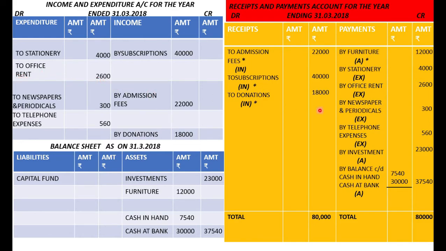2,600. Buy newspaper and periodicals 300. It is an expense. So they are recorded on the expenditure side of income and expenditure account, that is the debit side, to newspapers and periodicals 300. Next, buy telephone expenses 560.